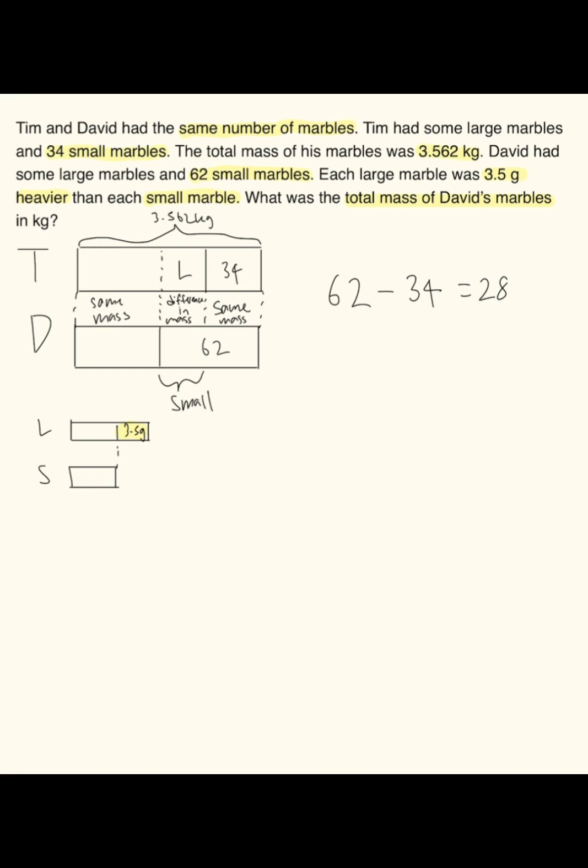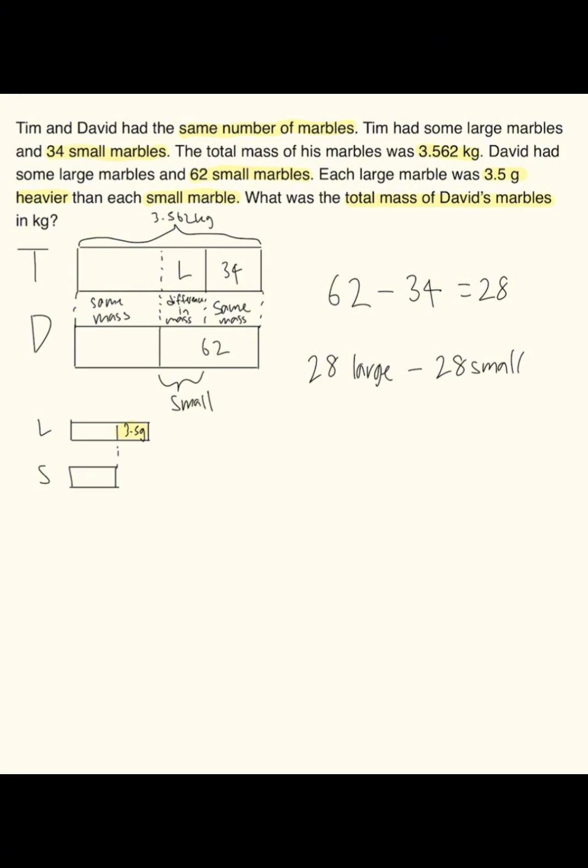So what is this difference? This difference is the difference in 28 large minus 28 small, because they have the same number of marbles. So there must be 28 in the large compared to 28 small, based on the model.